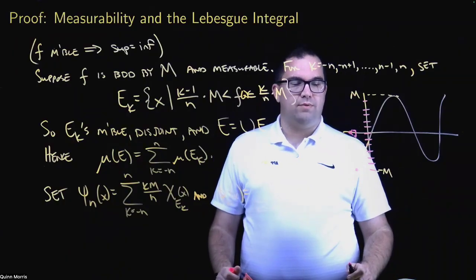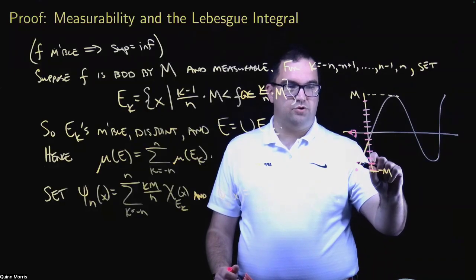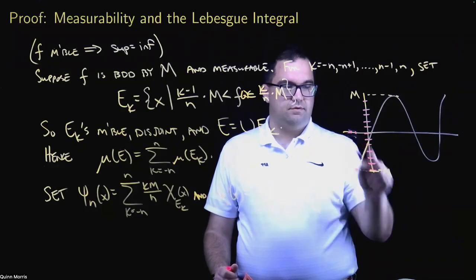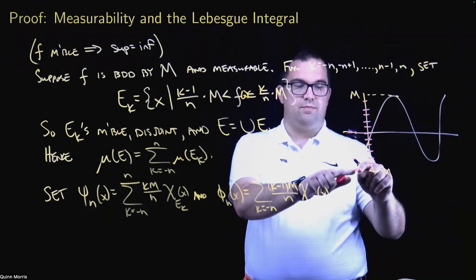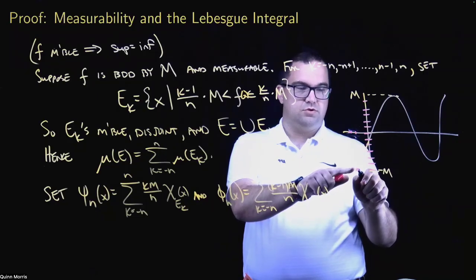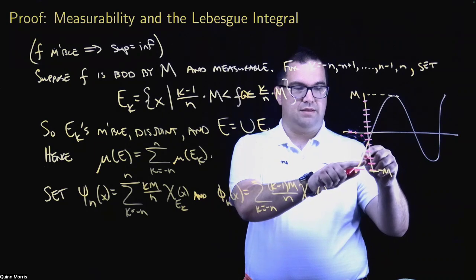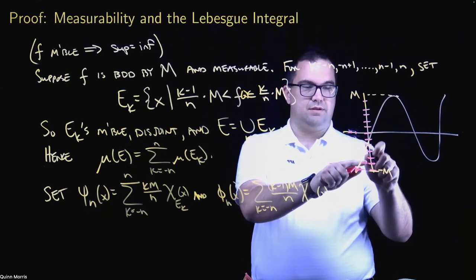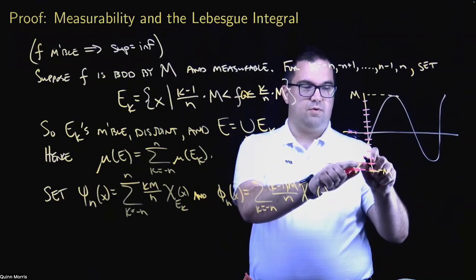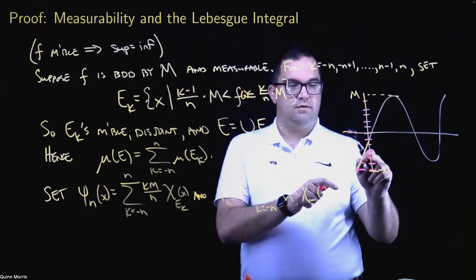Well, one way to create a simple function that lies below F is to look at all the X values that mapped, say, into this little interval here, and just round them all down to the bottom of the interval. So there's that. Now I look at all the X values that mapped into this interval, round them all down. I look at all the X values that mapped into this interval, round them all down, right? And I'm not a great artist here, okay?